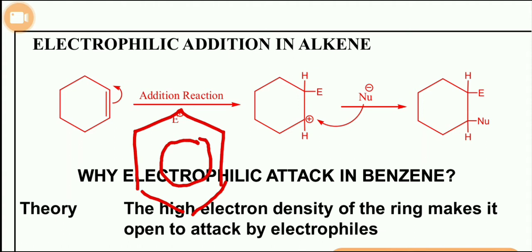So just because of this, these six carbons present here have the same amount of electrons. So we can say the amount of electrons distributed on the carbons remains constant.